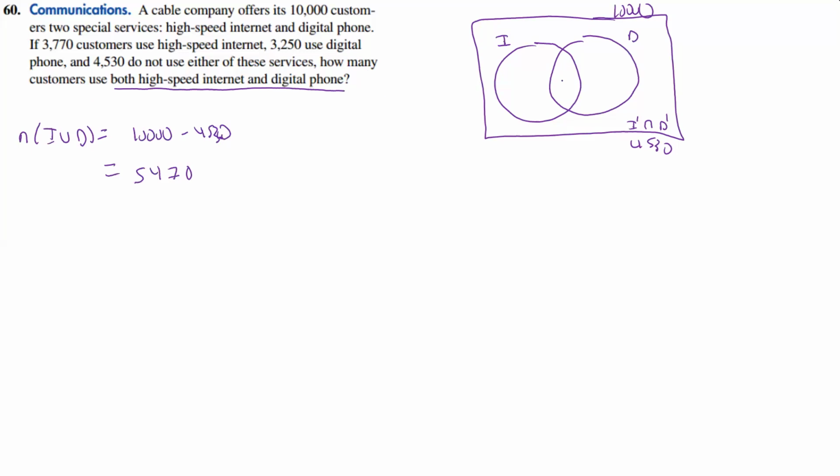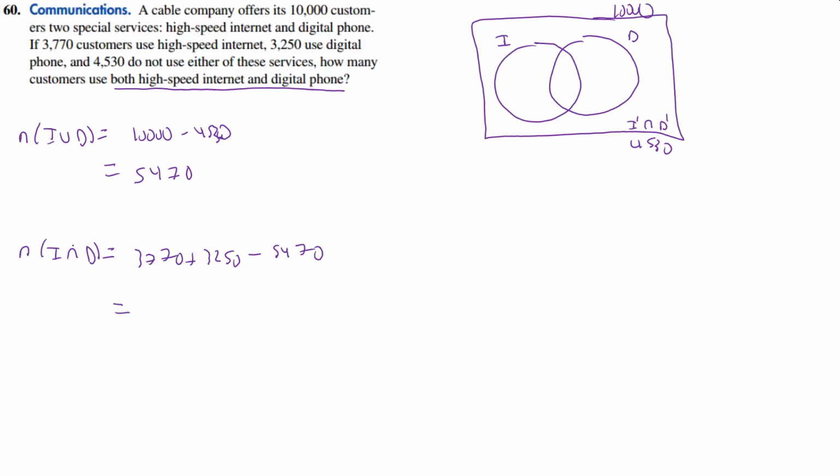Okay. All right. So now we need N of I and D. So how many are in I? High-speed internet is 3770, plus the number of digital is 3250. And we know the union, which is 5470, so we subtract that.